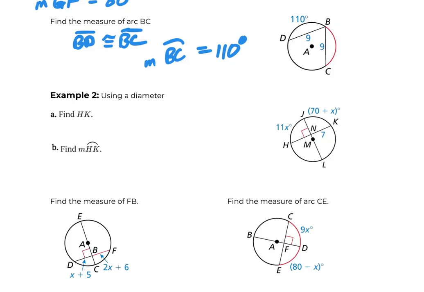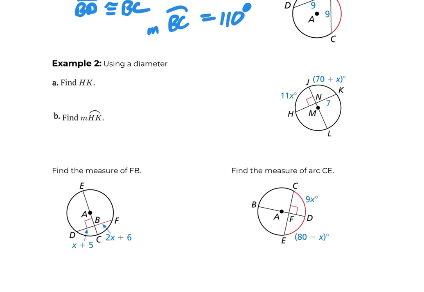Now, when we get down here, using the diameter, hey, which one of these segments is the diameter of the circle? JL. Okay, how come, Hannah? Because it's passing through the center and it's perpendicular to HK.